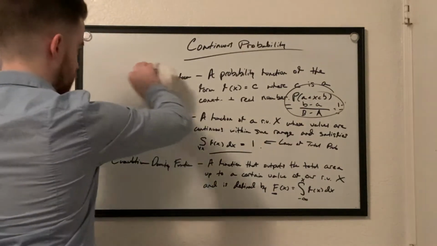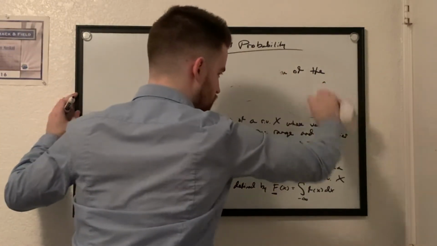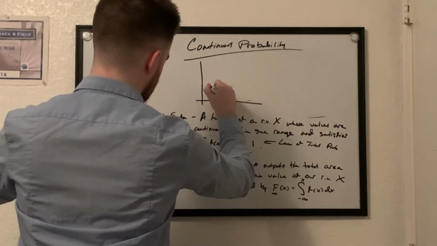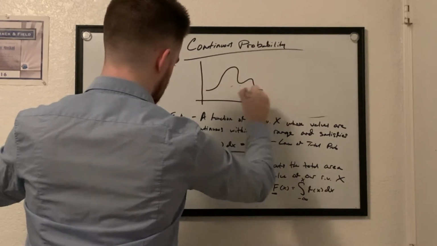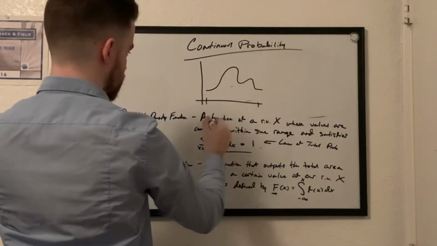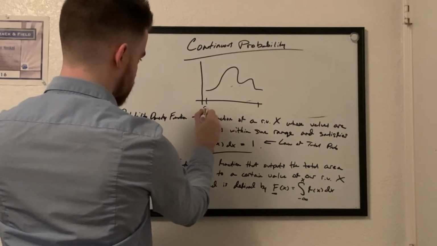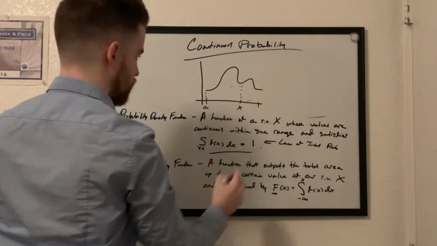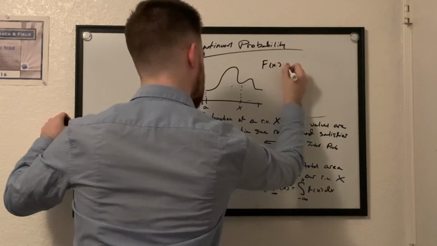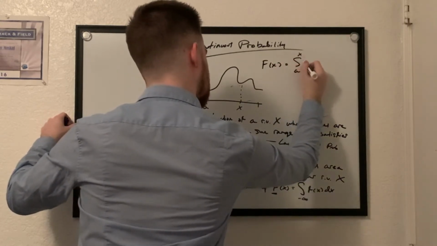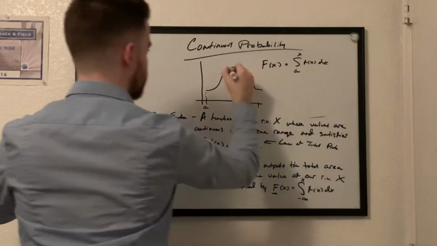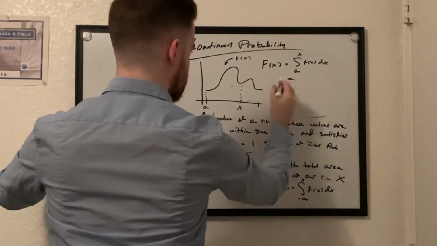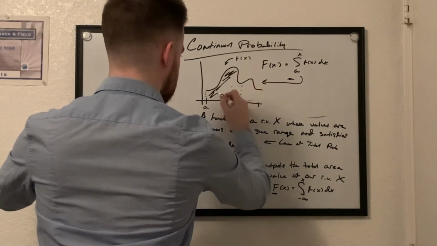So to visualize this, we have a function that was like this, and it went from here to here, and let's call this A, and call this X. The f of x that goes from A to X of this curve, which is our f of x, it would output all this area.